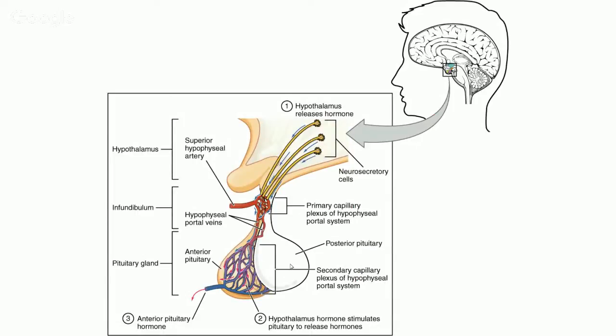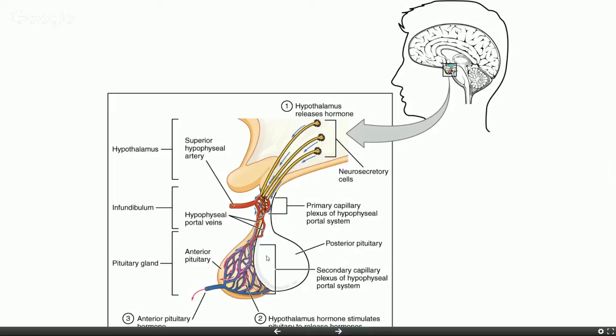So this is the anterior pituitary. There are hormones released from neurosecretory cells of the hypothalamus onto blood vessels that are around the infundibulum, or the pituitary stalk, the connection to the pituitary.